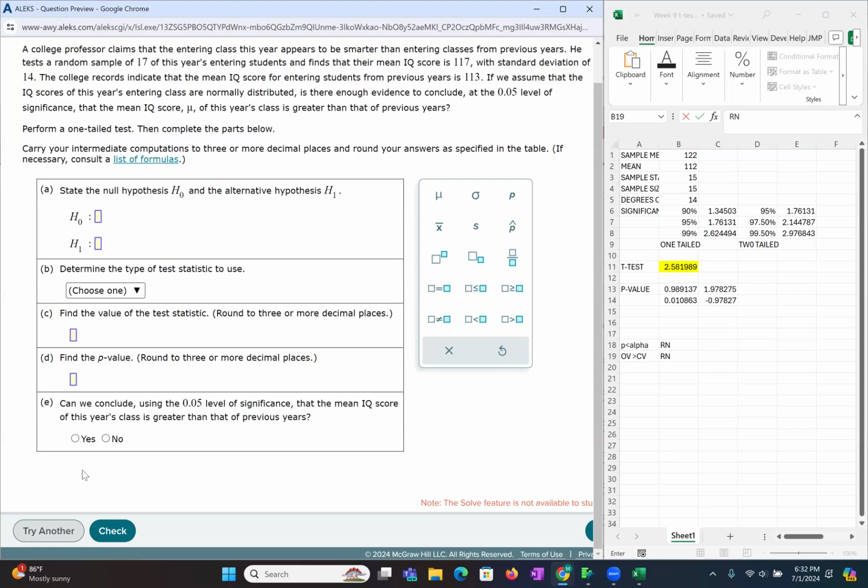You have this Excel sheet. So when you tell me the alternative and the null hypothesis, if you're ready.